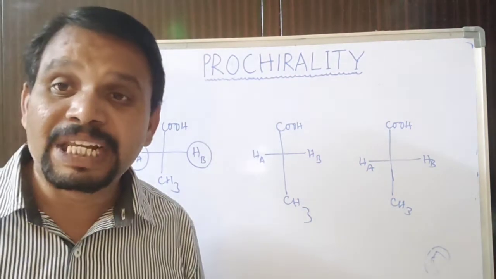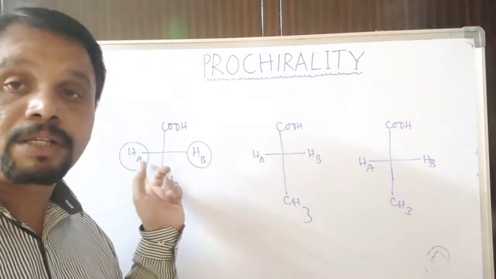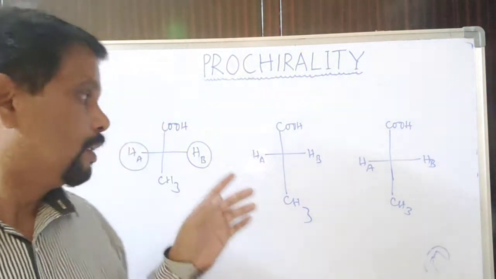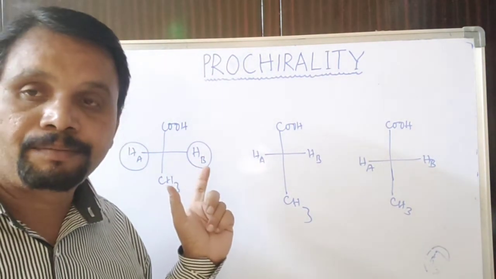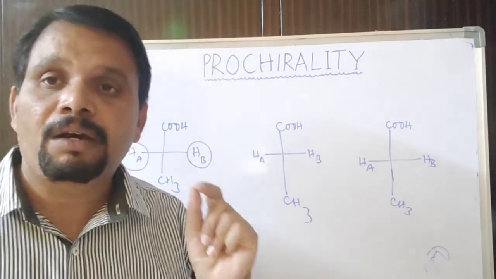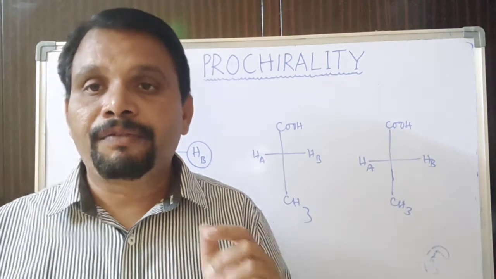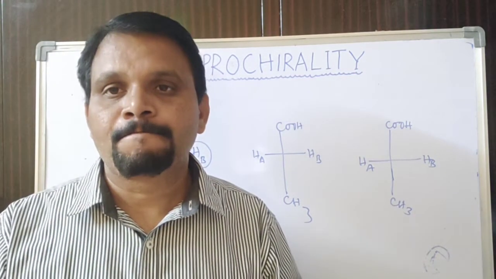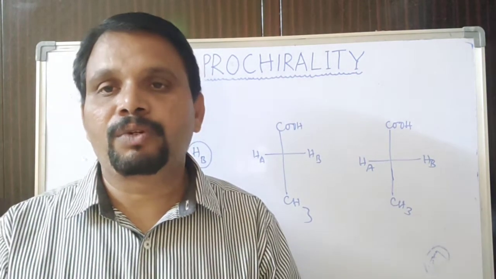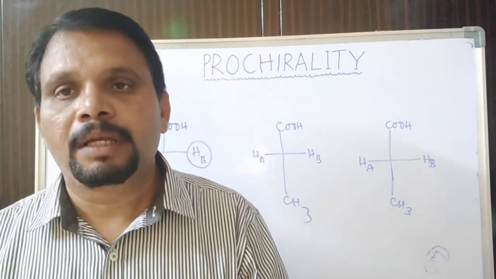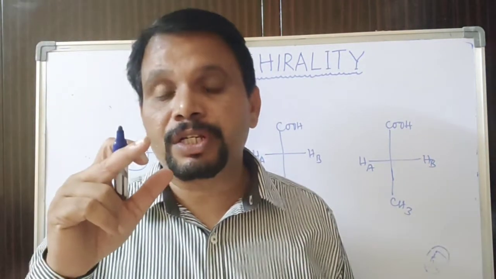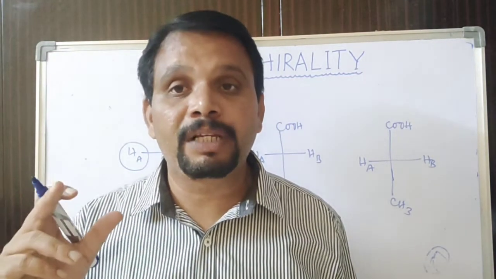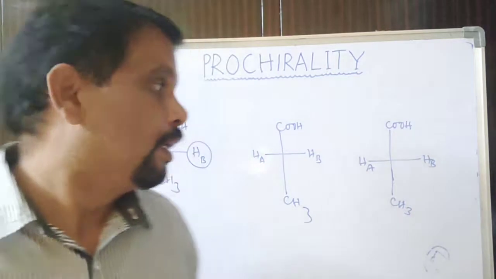The least priority group is in horizontal because hydrogen is the least priority group, you know, it is in the horizontal line. So whenever it is in the horizontal line, if you get clockwise rotation, then that notation would be Pro S. If it is anti-clockwise rotation, that stereoheterotopic unit notation would be Pro R, okay.